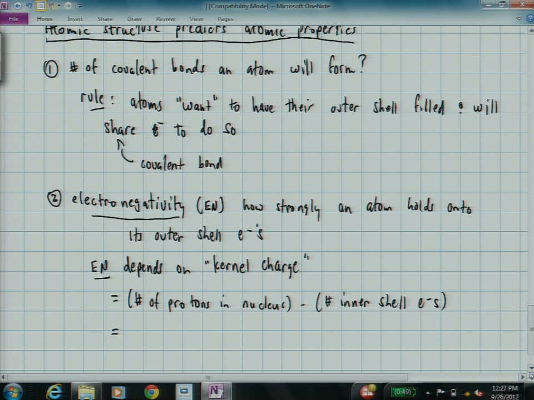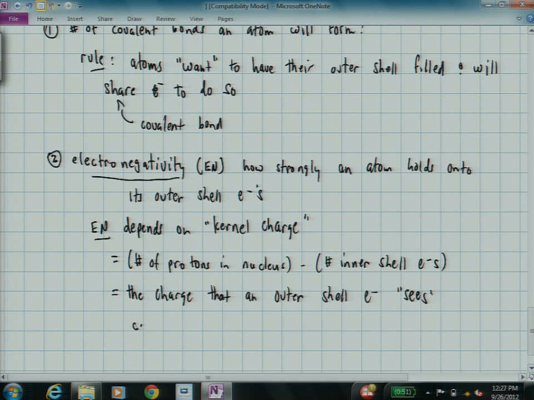And that's the charge that an outer shell electron sees as it orbits the nucleus and inner shell electrons. All right, so let me explain that.